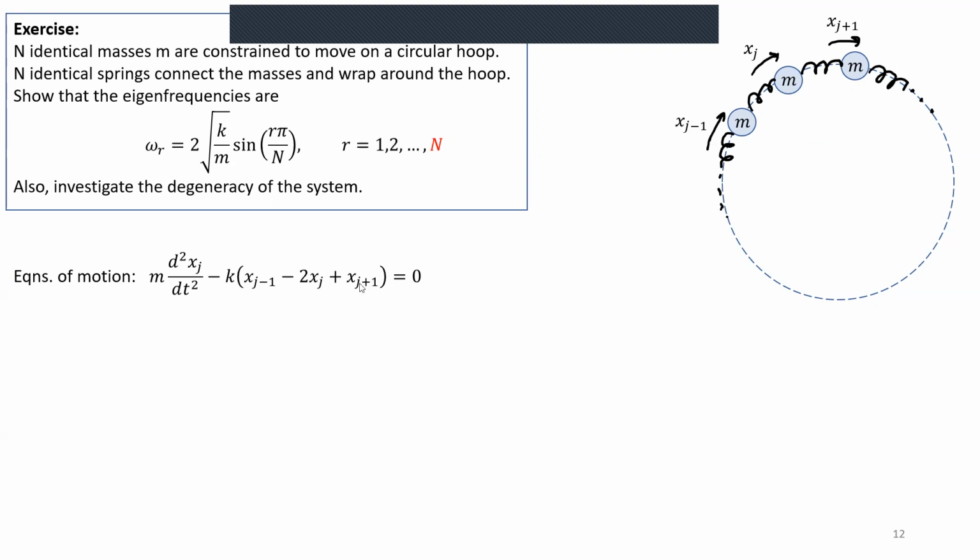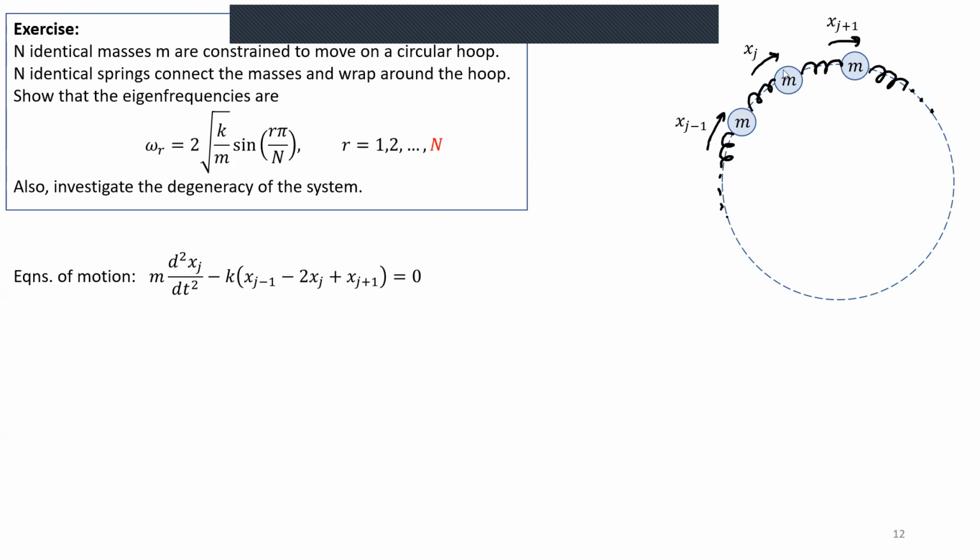So then let's set up the equation of motion. The equation of motion we have here is basically identical to what we had for the linear n-particle system. Because again, if I just look at xj, the jth particle, there are 2 neighbors.